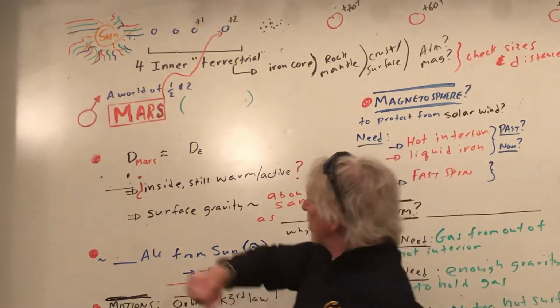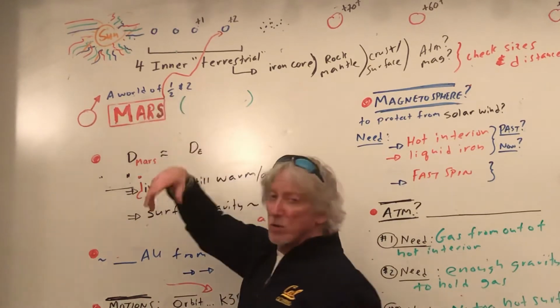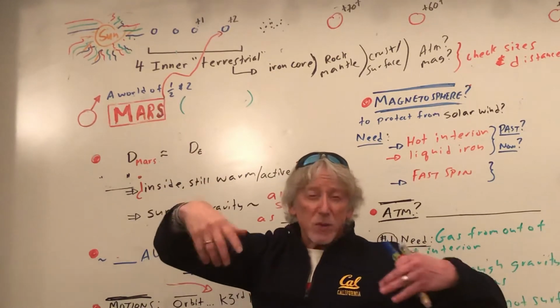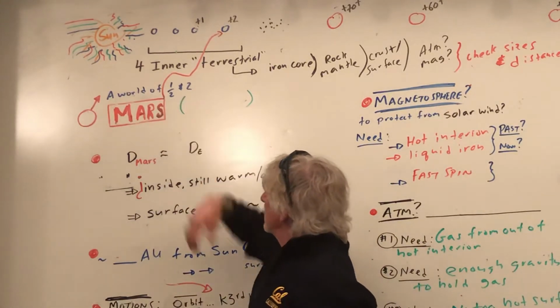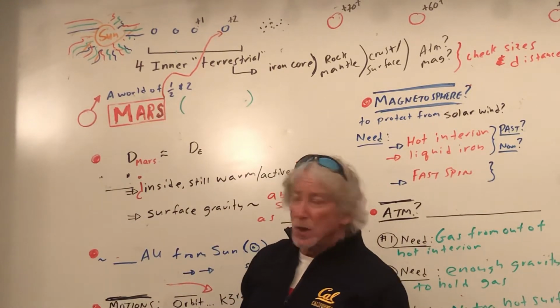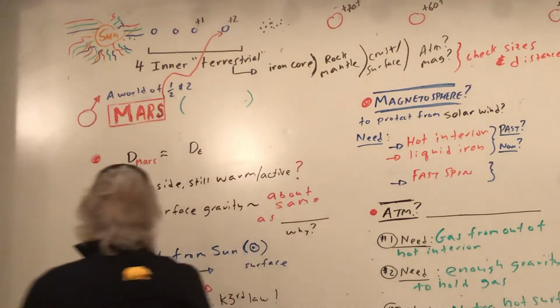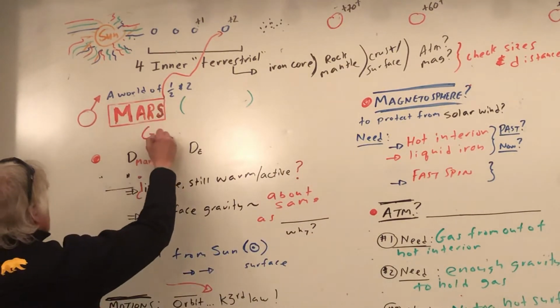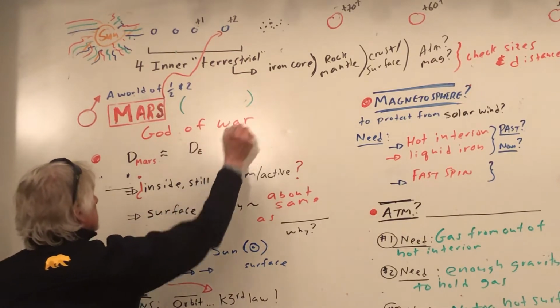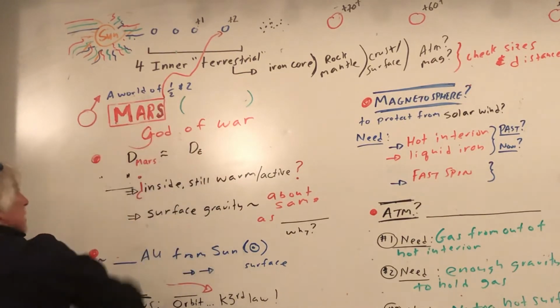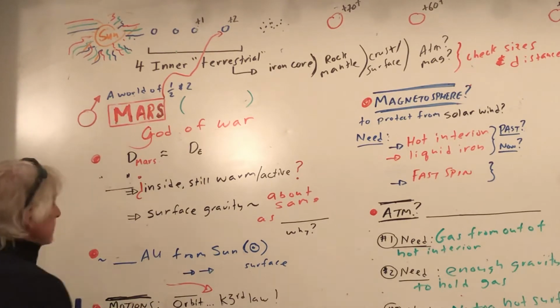So I say for Mars, it's a world of 1/2 and 2s, or you can think like Mercury was 3s and 1/3, came up a lot. And Mars is 1/2 and 2. Now Mars, as you may know, is the god of war, or one of many gods, right? So the god of war.